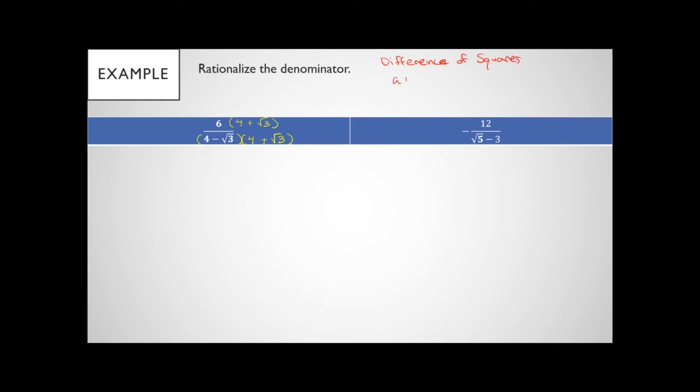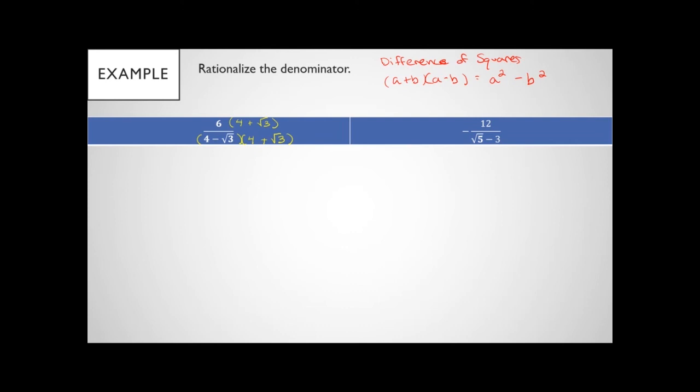If you have a plus b times a minus b, the insides can cancel and you're left with a squared minus b squared. So that's what we're doing here. It's going to cancel out the square roots completely. They're going to add to 0 essentially, and then that just leaves us with whole numbers. Now you do have to do FOIL here, so you want to keep track of everything.